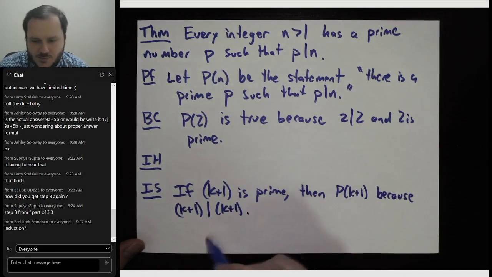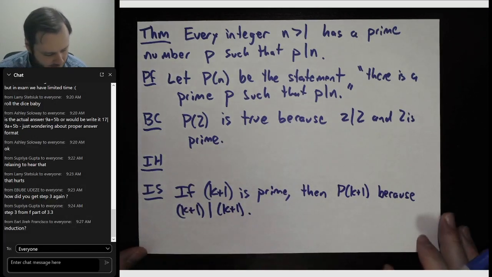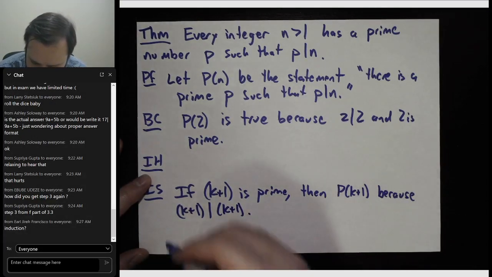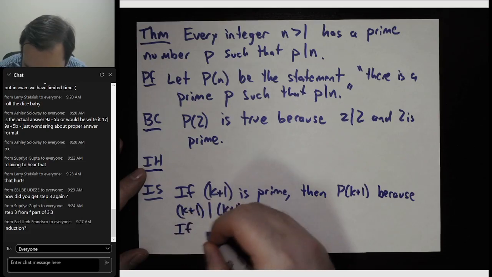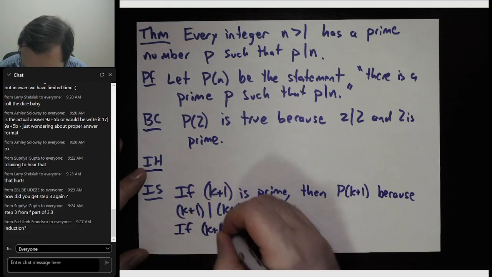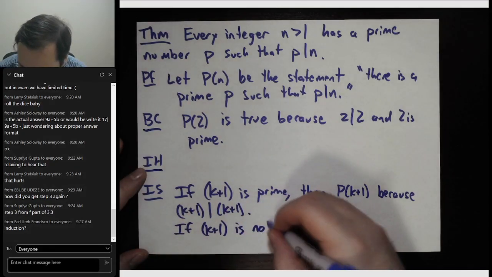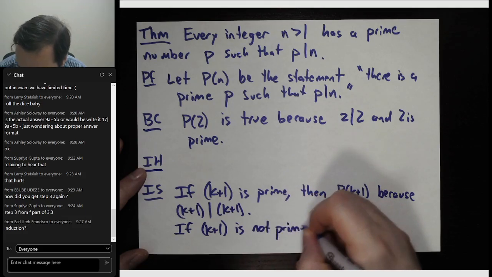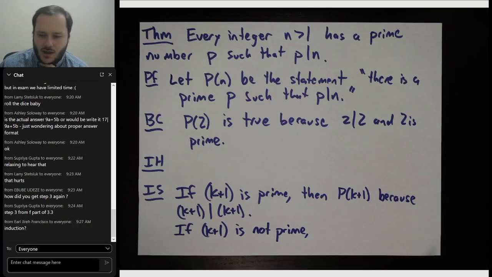So if k plus 1 is prime, that's the easy case. We're all good. If k plus 1 is composite, if it's not prime, what does it mean to be prime? We said prime was you had exactly 2 positive divisors.